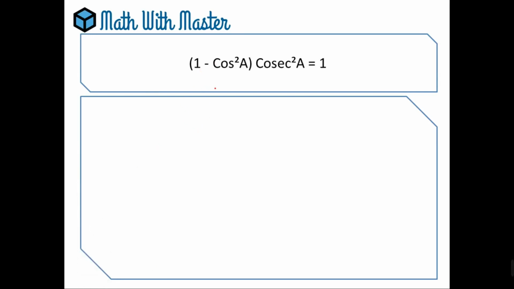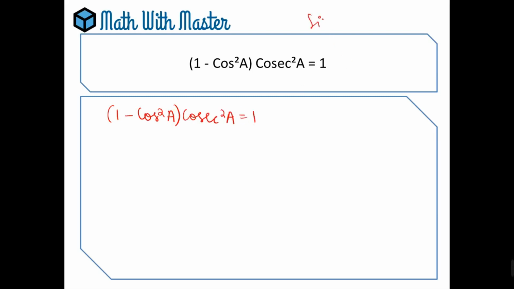So, prove that (1 minus cos square A) multiplied by cosec square A is equal to 1.